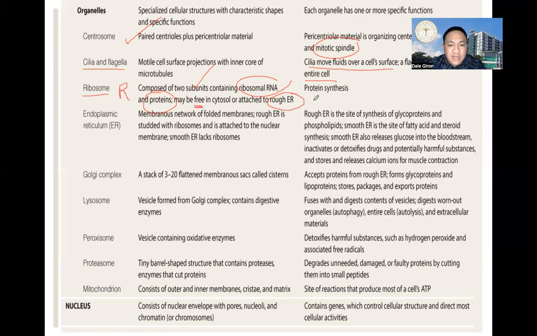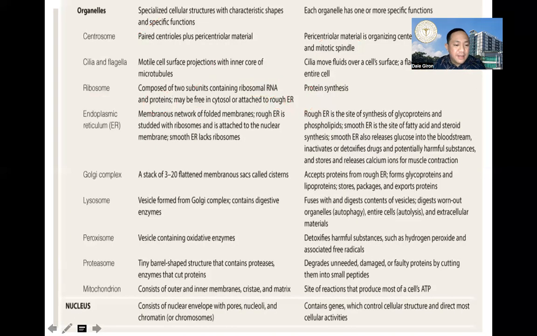Our ribosome, what is the main function? Protein synthesis. Kahit free man yan or attached, its main function is protein synthesis, or it synthesizes proteins.